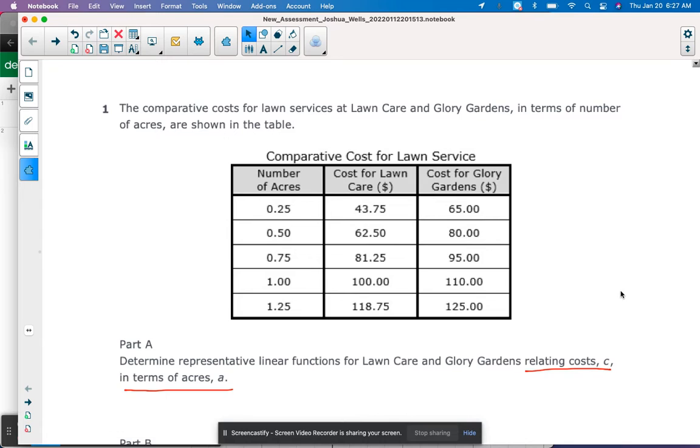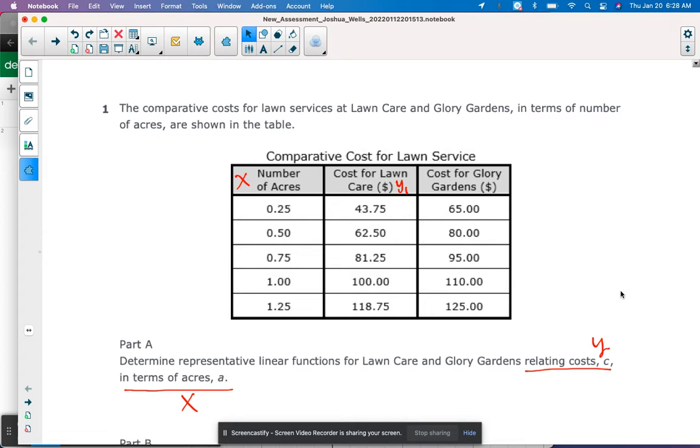And if we remember, cost is always going to be Y. And then the number of something is X. So what we're going to do is, again, we have our number of acres, X. Lawn care, we're going to label this as Y1 because we're going to calculate it first.